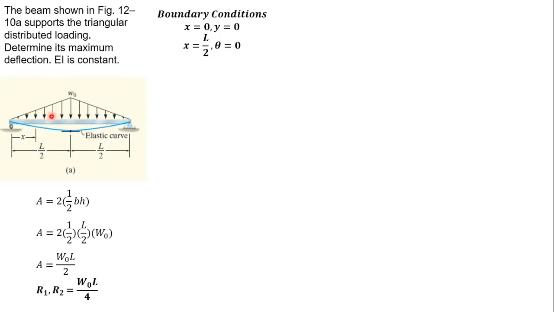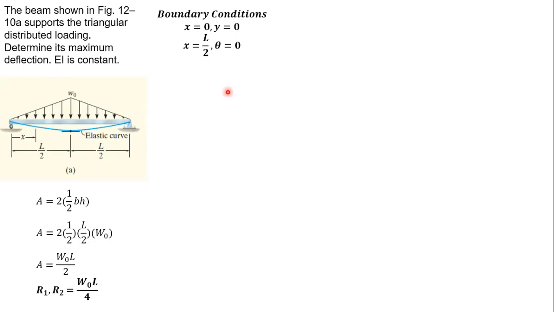Kaya lang, since symmetrical itong figure natin, kapag kinonsider natin itong side, parang kumukuha lang tayo ng mirror niya. Imi-mirror lang natin yung side na yon, and then yun na yung conditions. Kaya ito lang yung ginamit na boundary condition.